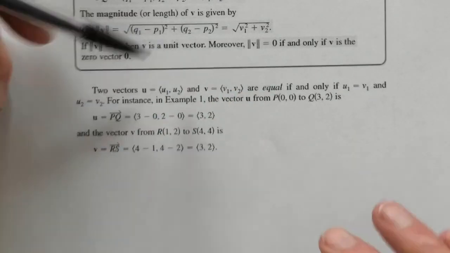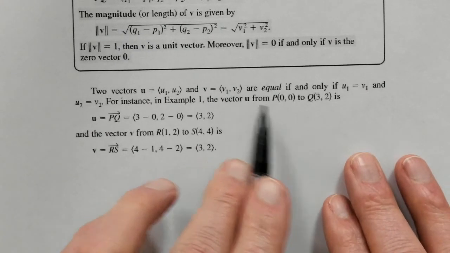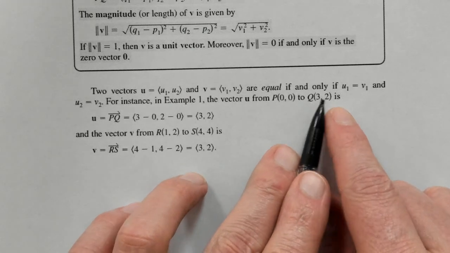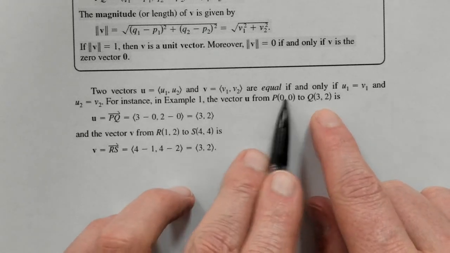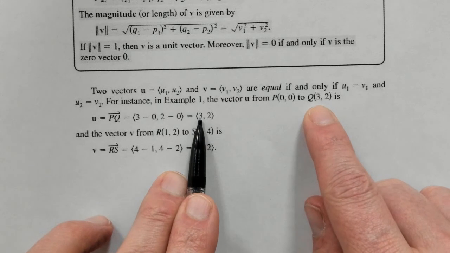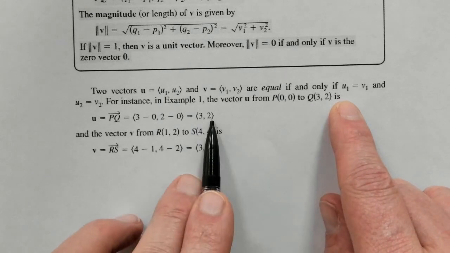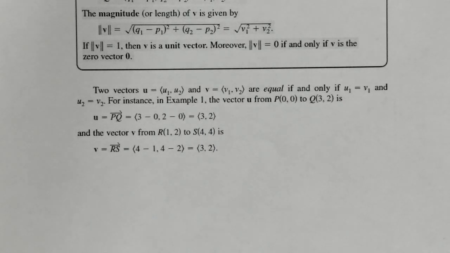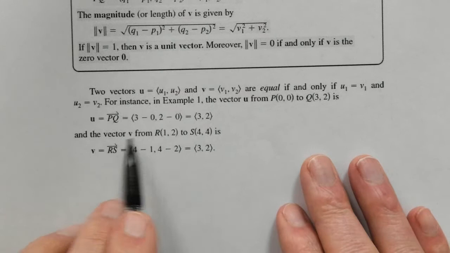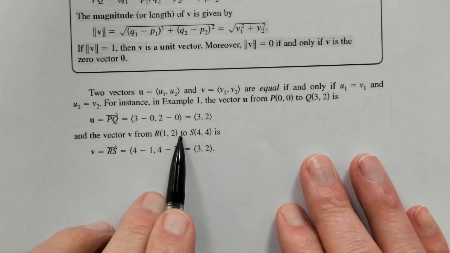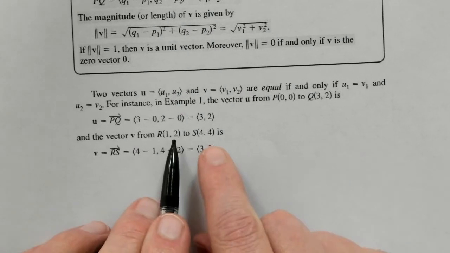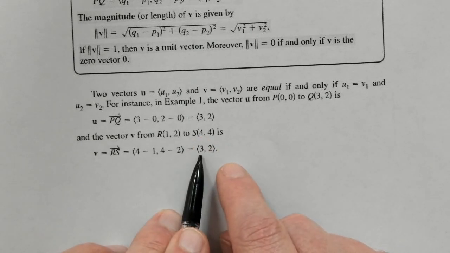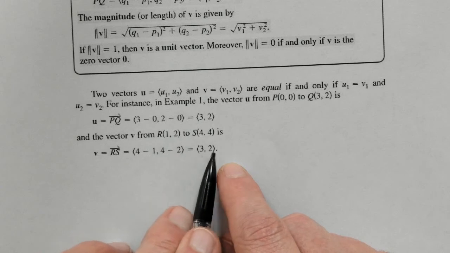For example, if one vector has an initial point of 0, 0 and a terminal point of 3, 2, from 0 to 3, that's a 3, and from 0 to 2, that's a length of 2, so the component form of that vector is 3, 2. And let's say I've got a vector whose initial point is 1, 2 and terminal point is 4, 4. From 1 to 4 is a horizontal movement of 3, and from 2 to 4 is a vertical movement of 2.